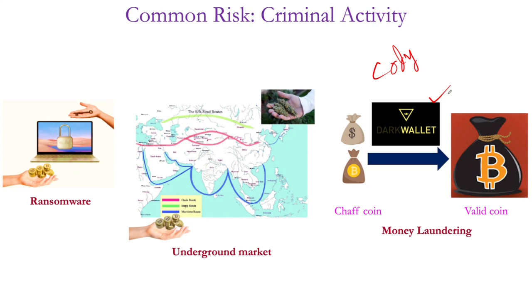This Dark Wallet can encrypt transaction information and mix the user's valid Bitcoins with chaumian coins, and hence it makes money laundering much easier. So these are some criminal activities happening by using blockchain vulnerabilities. Then we have seen that double spending is another kind of activity.